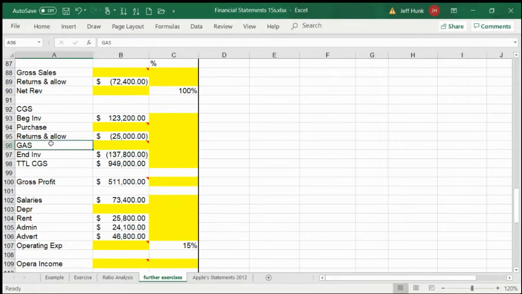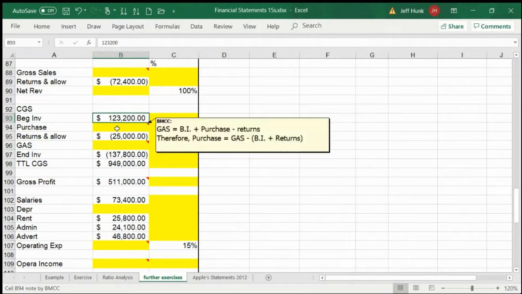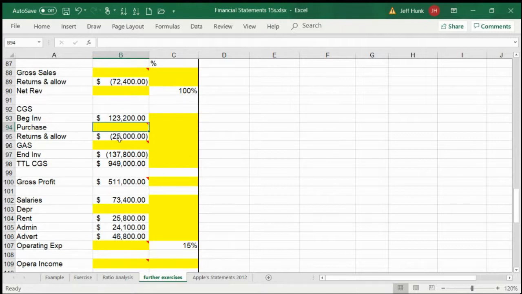What is GAS? GAS is goods available for sale, right? Goods available for sale is the result of beginning inventory, plus net purchase, minus returns and allowances. But here, returns and allowances is already negative, right?